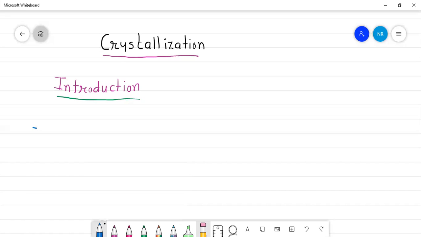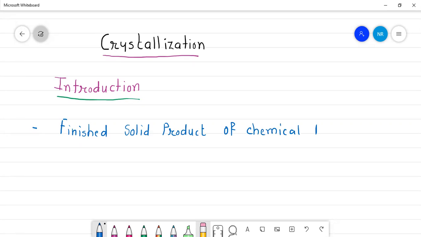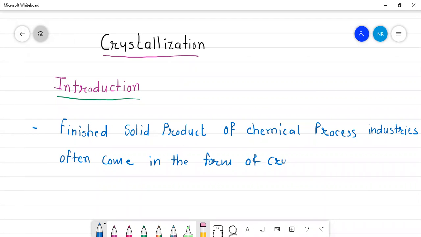In industry, the finished solid product of the chemical process industry often comes in the form of crystals. Many final products in chemical process industries are in the form of crystals.